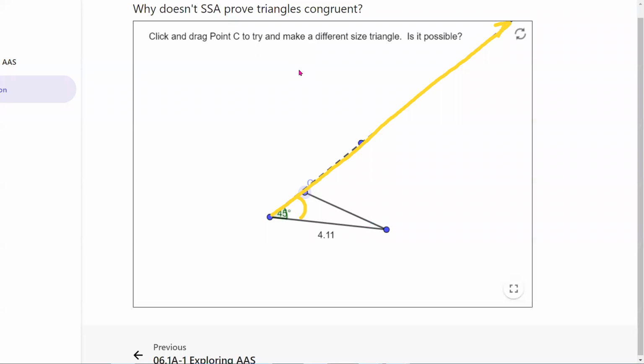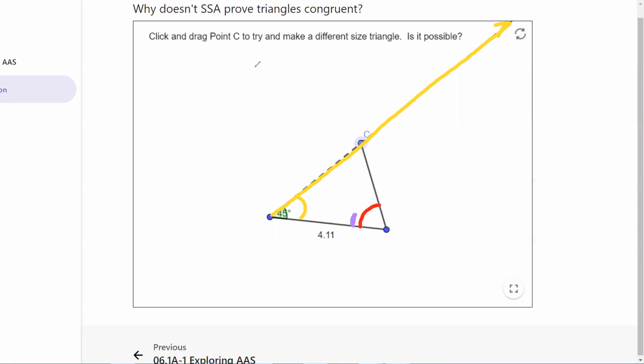So in this case, my triangle is going to be that portion. But I could also have swung it this way, and then it ends up hitting right here. And then you see I end up getting a bigger angle, okay? So there are two possible triangles here.